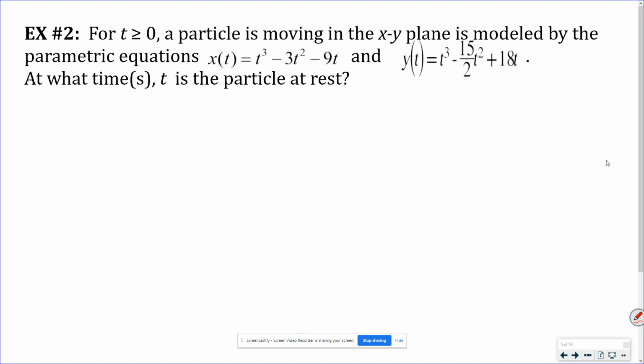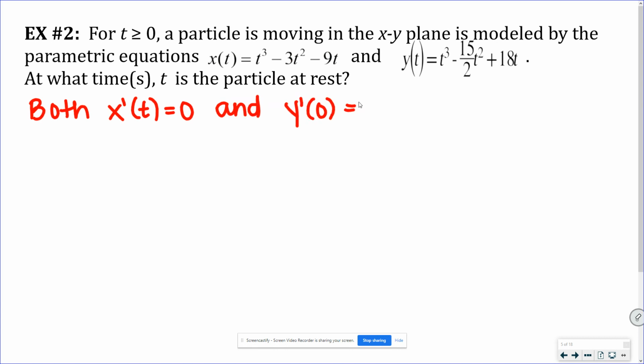And that is the case here as well, except when you're dealing with parametric equations, you have to find when both the x derivative is 0 and the y derivative is 0. So you kind of have to find a point where they have a common time value that gives both of these derivatives a 0 solution.